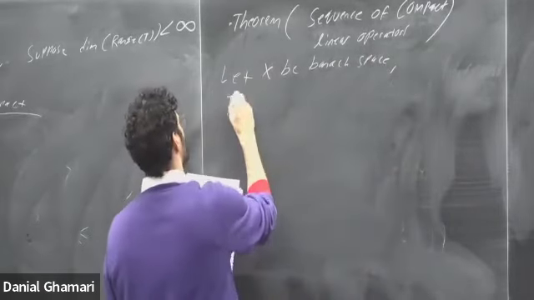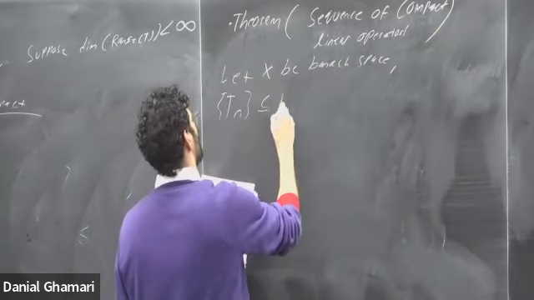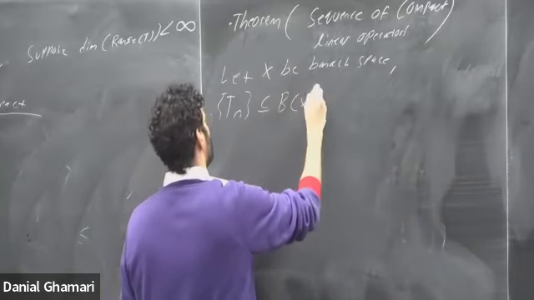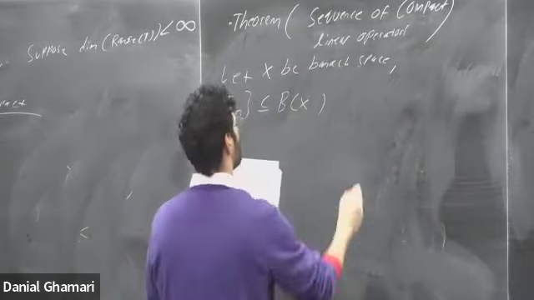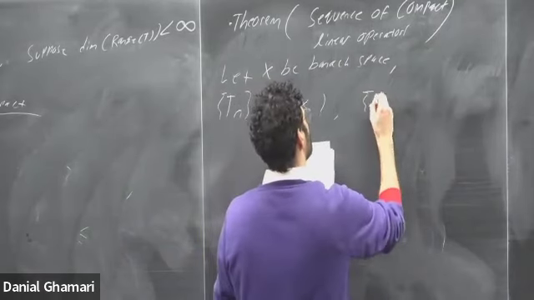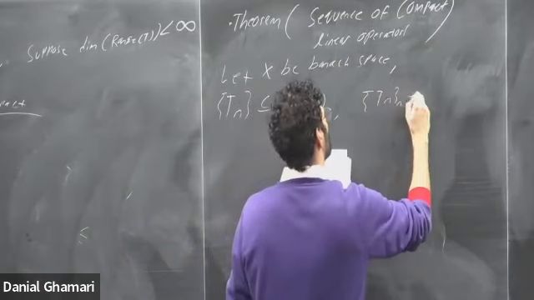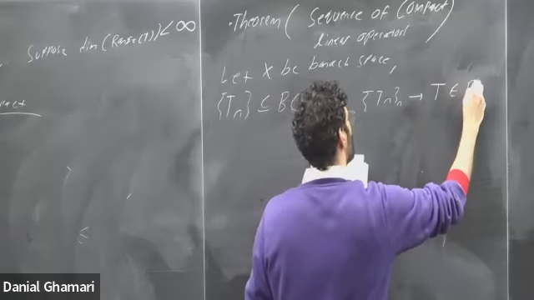And let's suppose I have a sequence Tn of bounded linear operators from X to X, and let's say that this sequence Tn converges to some operator T, which is also bounded linear.